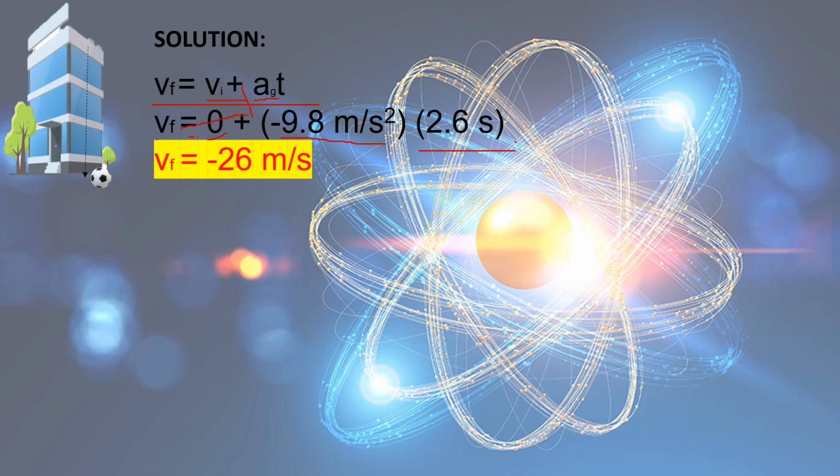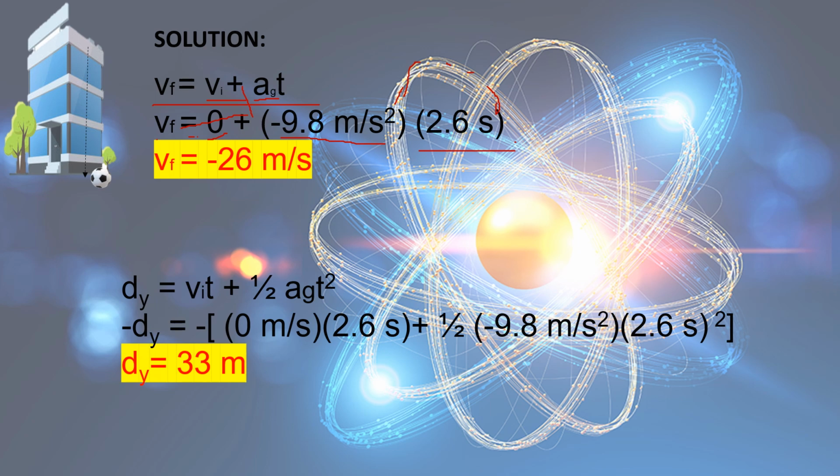Then here, 2 minus 1, dito sa isang second naman, the answer is 1. So, yung natitira na lang natin na unit is meter per second. Since ang hinahanap natin is the final velocity, and the unit for velocity is meter per second. So, the final velocity of the ball before it hits the ground is negative 26 meter per second.